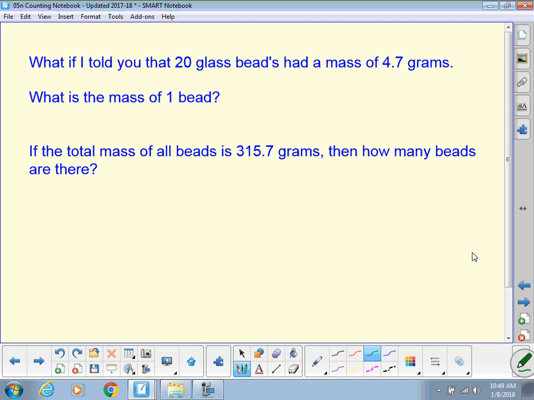What if I gave you this piece of information here, that if we took just 20 of the glass beads, that 20 glass beads has a mass of 4.7 grams. What can we do with that piece of information?